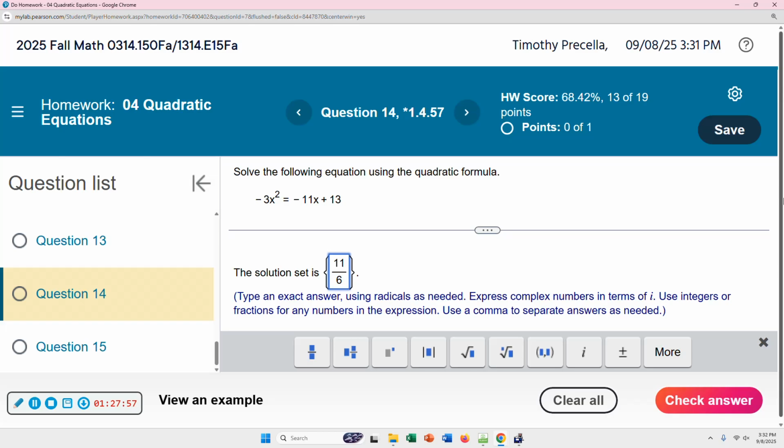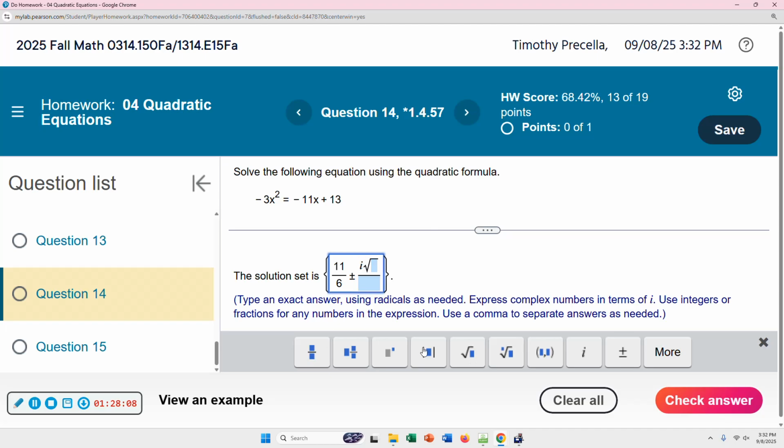Get out of that denominator using the right arrow and then plus minus i square root of 35 all over 6.